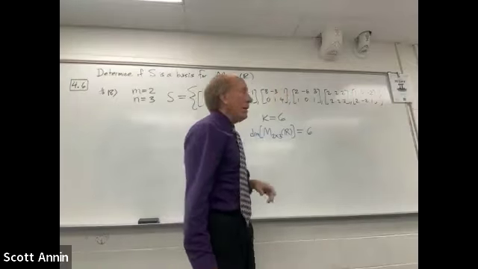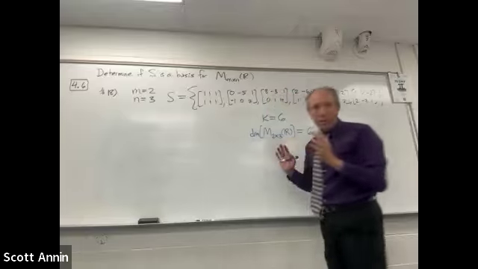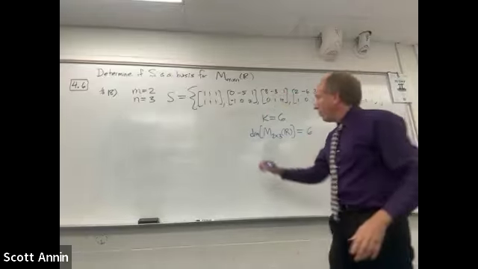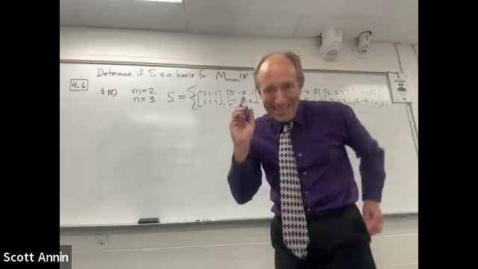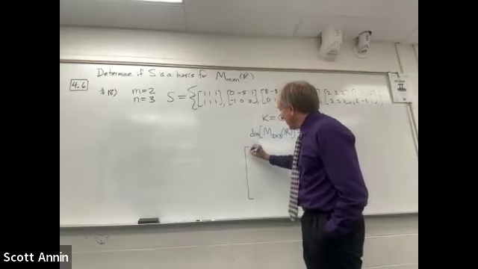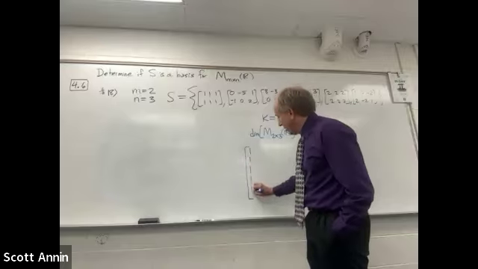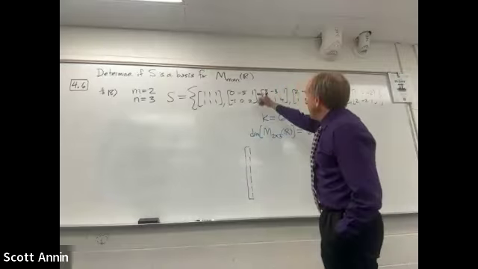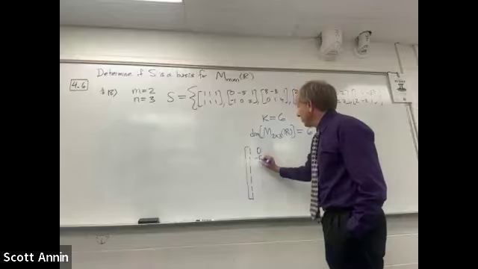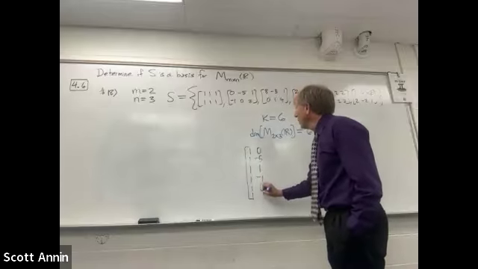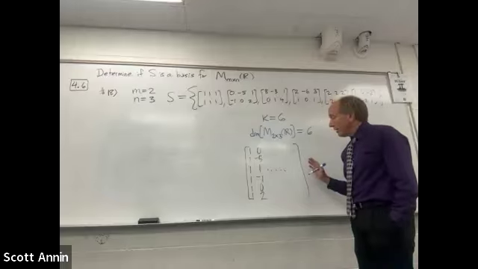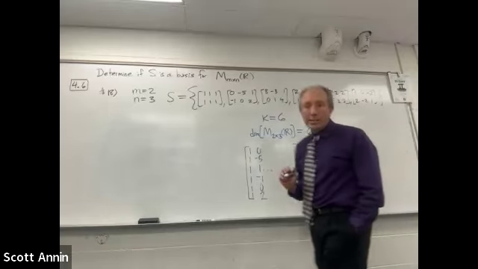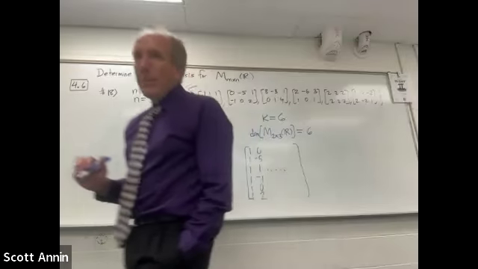If I really wanted to test whether they're a basis or not, I would now have to do the following, and don't write this down yet. The first matrix would have to be smeared out into the first column. The second matrix would have to be smeared down into the second column. And you'd keep filling it out like that. And what you would have is a 6 by 6 matrix.